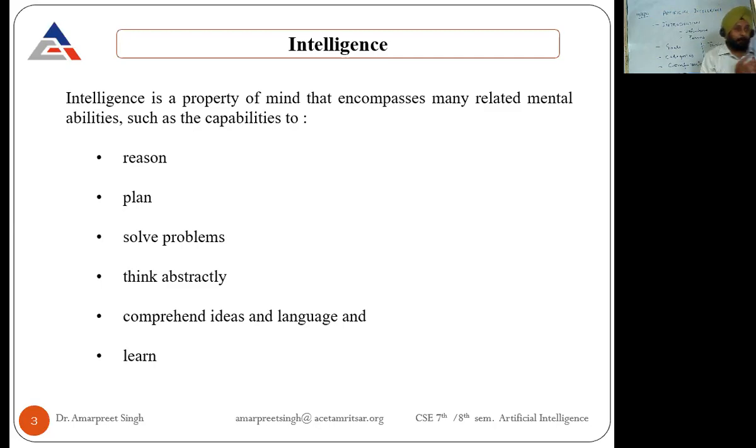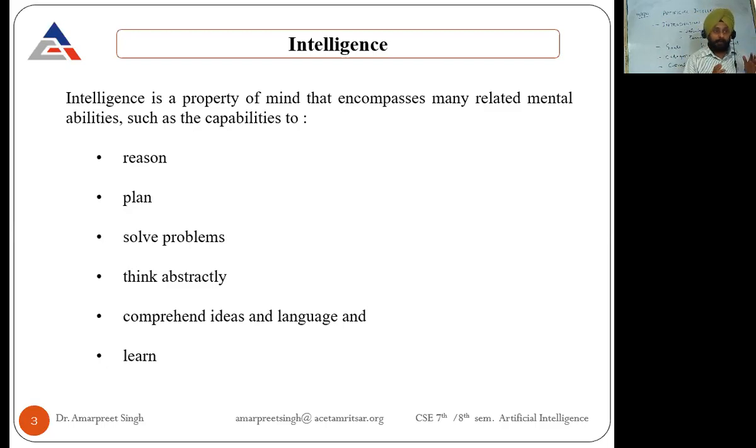If something is happening, it can reason out why it is happening. And if we want to do something, our mind plans how it can be done, and what are the different techniques. It is able to solve many problems, both simple and complex. It can think abstractly, and after getting information, it can comprehend new ideas and the language which is to be used.